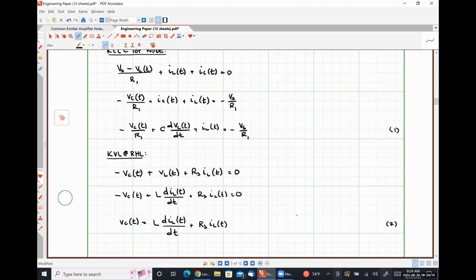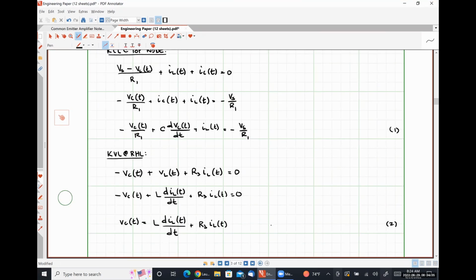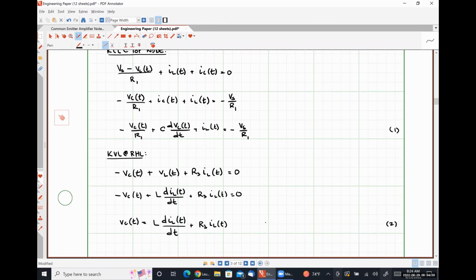The derivative of L dIL by dt is just going to be L times the second derivative of IL. Now the derivative of the rightmost term: the derivative of R3 IL is R3 times the derivative of IL.